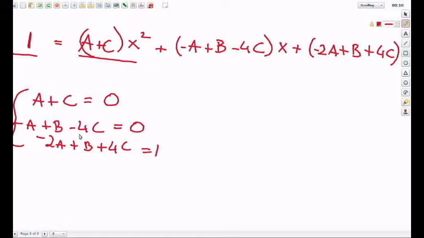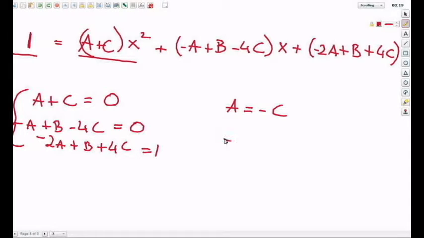So here we go. We have 3 equations, 3 unknowns, and just for the heck of it, I'm going to go through and solve this. So note the following. A should equal negative c from the first equation. I just subtract c from both sides. Now I'm going to take the bottom equation and replace a by negative c.